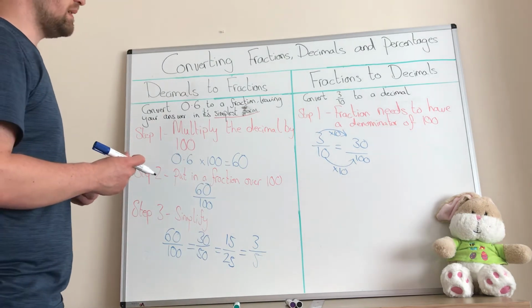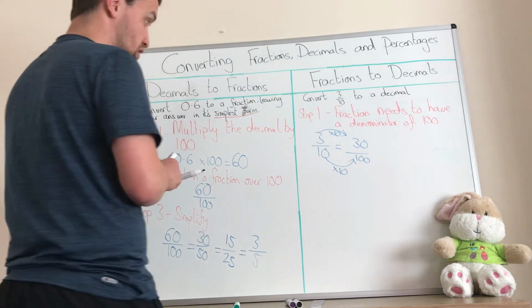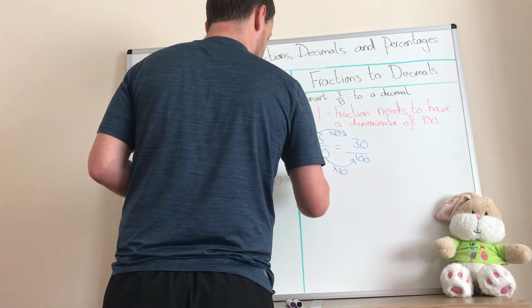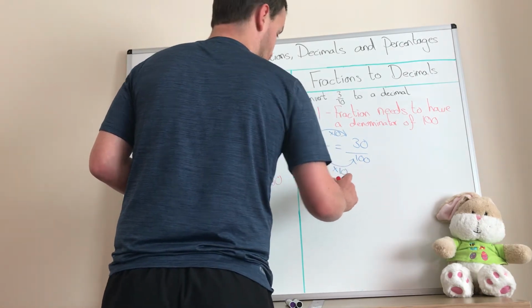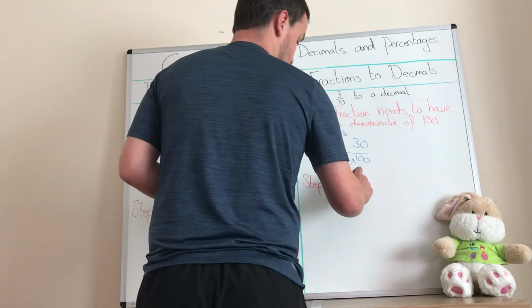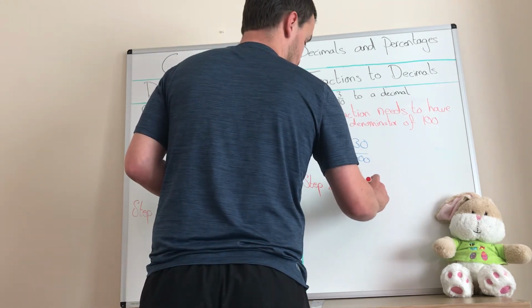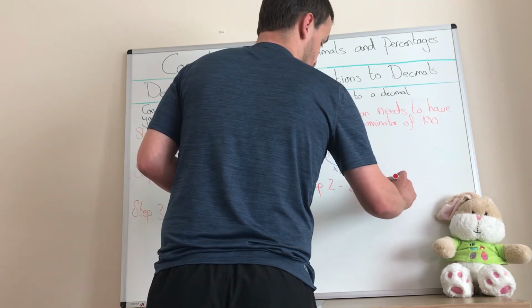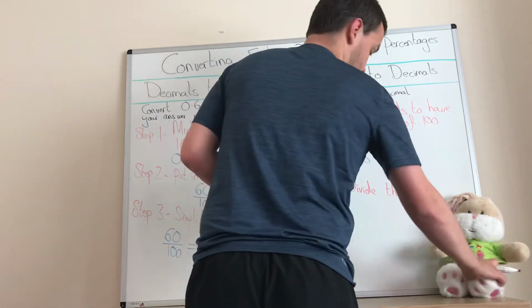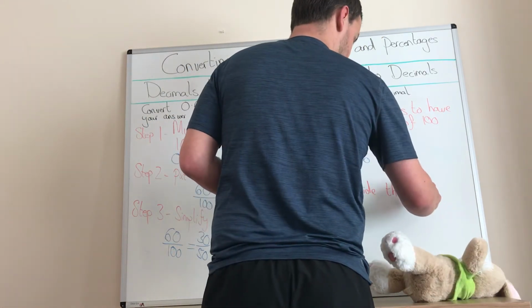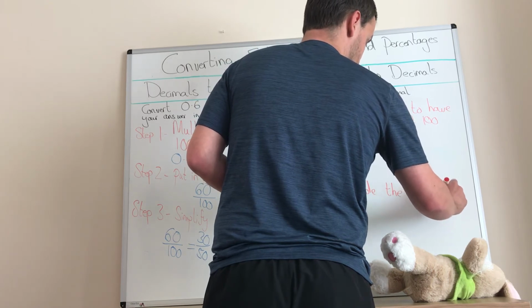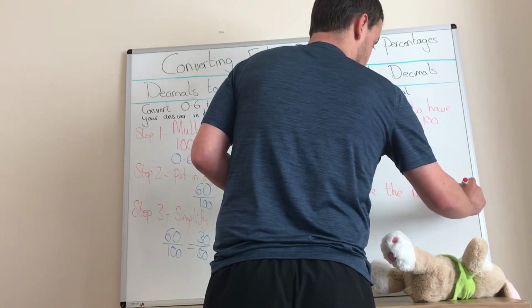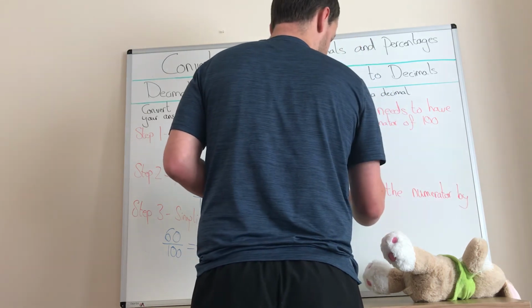Okay, nice and simple. Step 2 then. Okay, we're going to divide the numerator by 100.